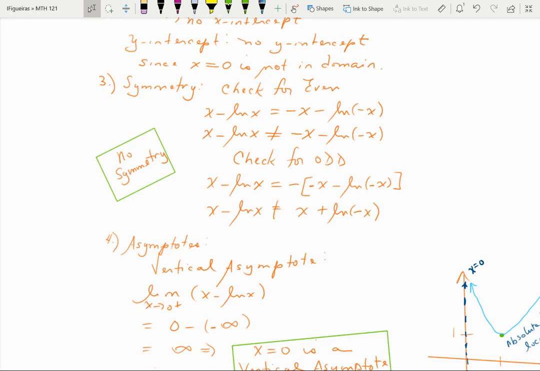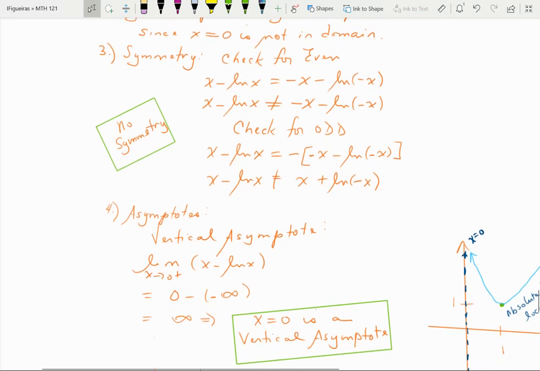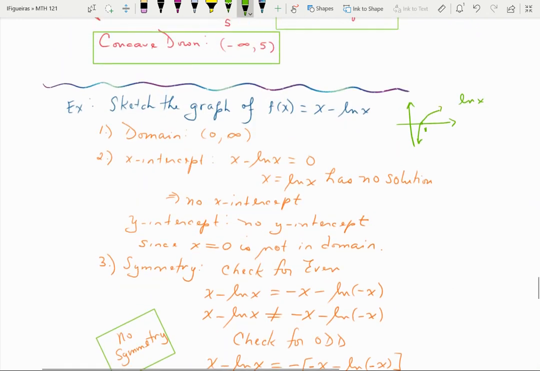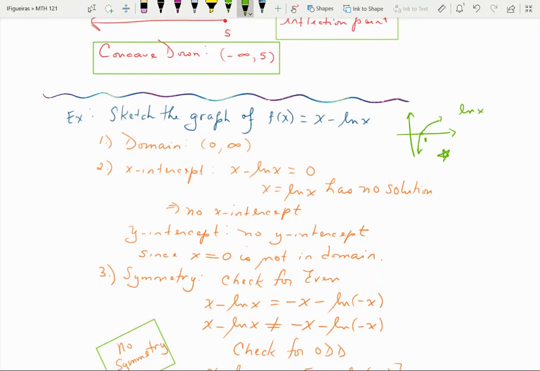So let's see what this looks like. If I take my limit as x approaches 0 from the right of x minus ln x, well, by direct substitution, x is just 0, so that's what you see here. But as I mentioned before, as x gets closer and closer to 0 on the right, ln x goes to negative infinity. So that's what we were talking about up here.